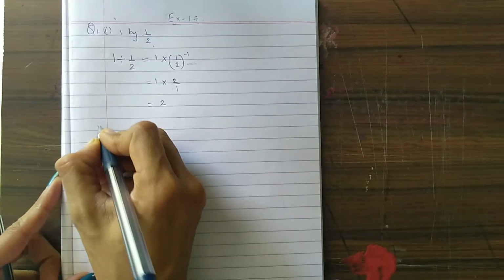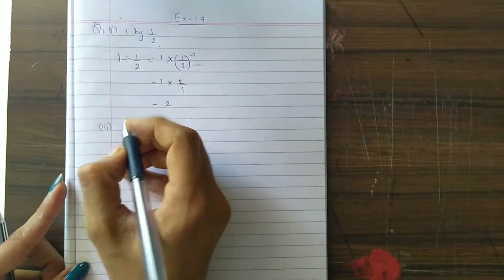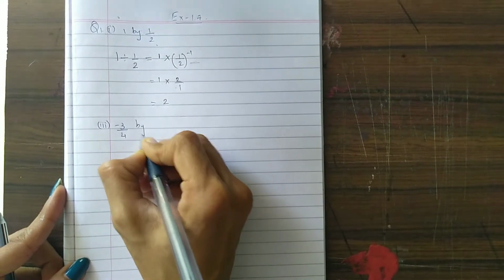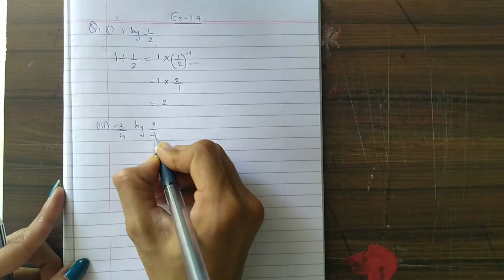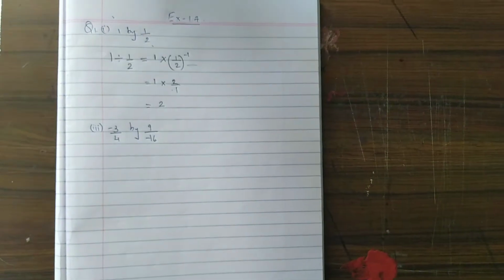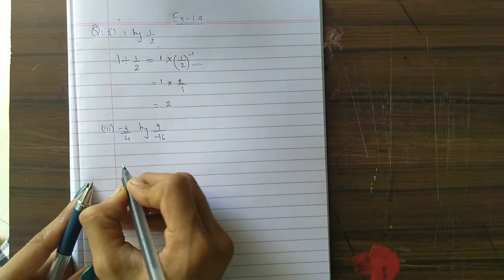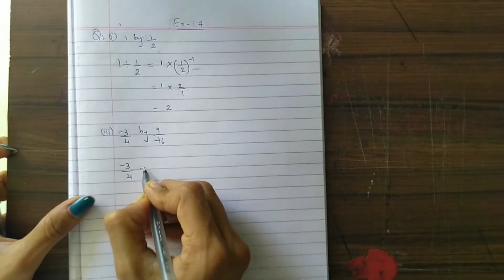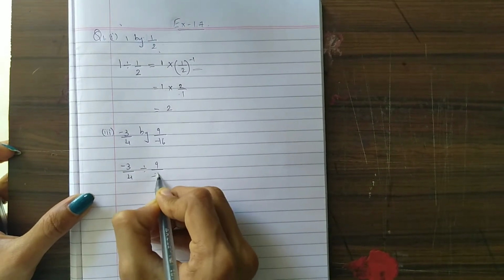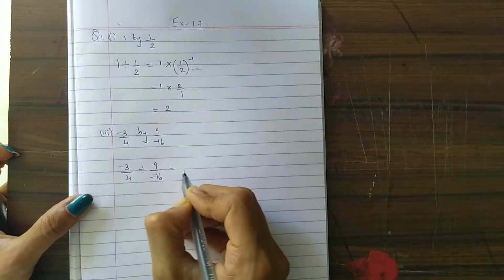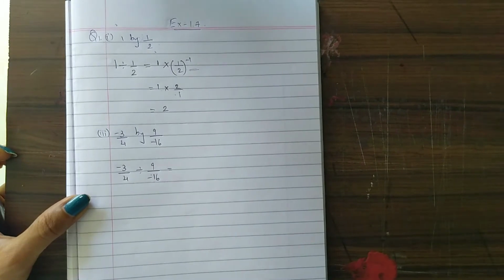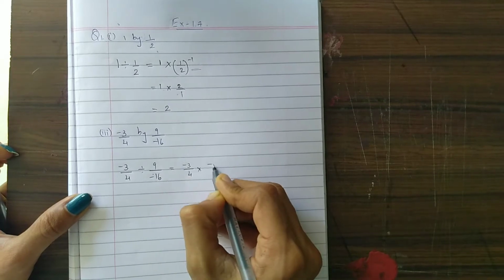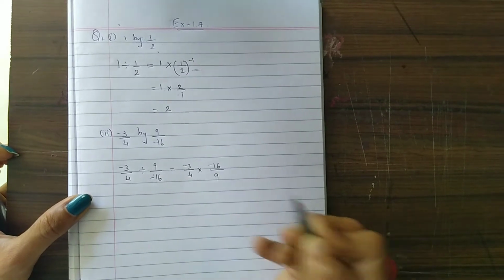Now third one. The question is minus 3 upon 4 by 9 upon minus 16. Here we can write minus 3 upon 4 divided by 9 upon minus 16. Now we have to do multiplication, so minus 3 upon 4 multiplied by the reciprocal, minus 16 upon 9.